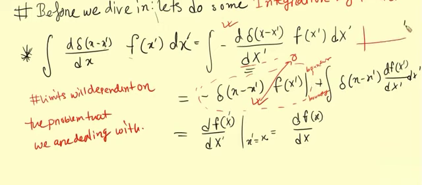For example, take a regular string that is something like this, or it might be like this. You can see that at these boundary points 1 and 2, the function itself vanishes, even if you have an impulse over here.